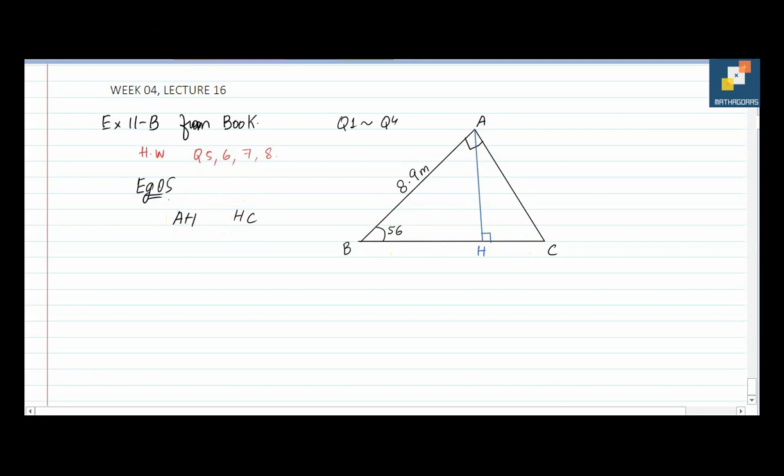So what I'm going to do, I'm going to change the values. That's why it is an example question. So it's 9.2, and instead of 56 I'm going to take 65, right? So now it is a modified question, so you need to attempt question number 5 by yourself.